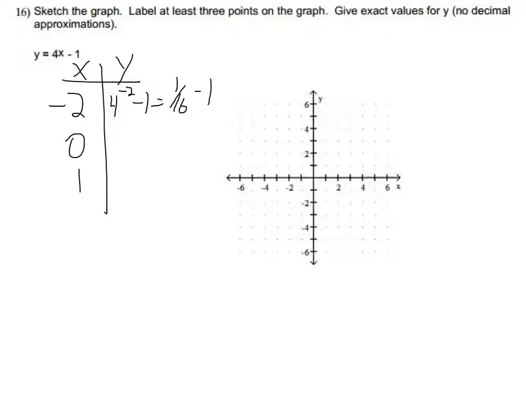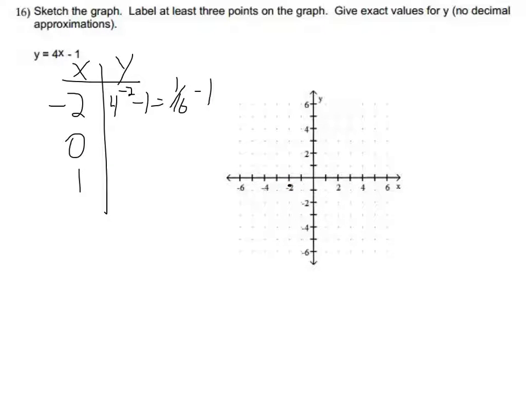That's just a little below minus 1. So at -2, we're a little below -1. Oh, sorry, a little above -1 because -1 plus 1/16. That's already really hard to graph. But there is a point there, right there.